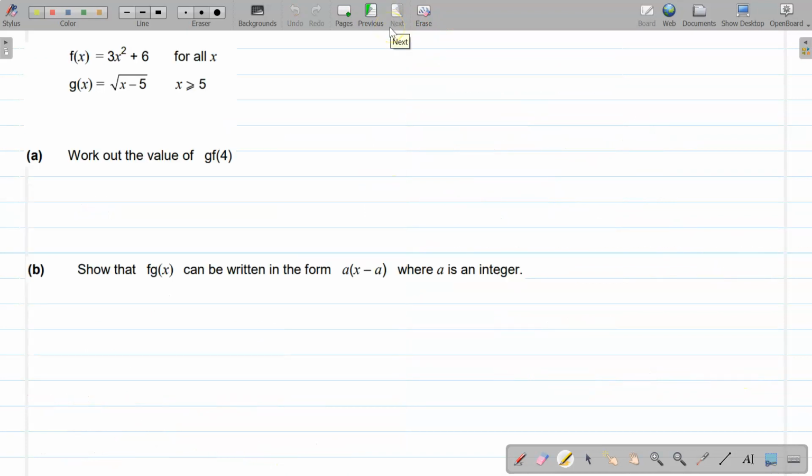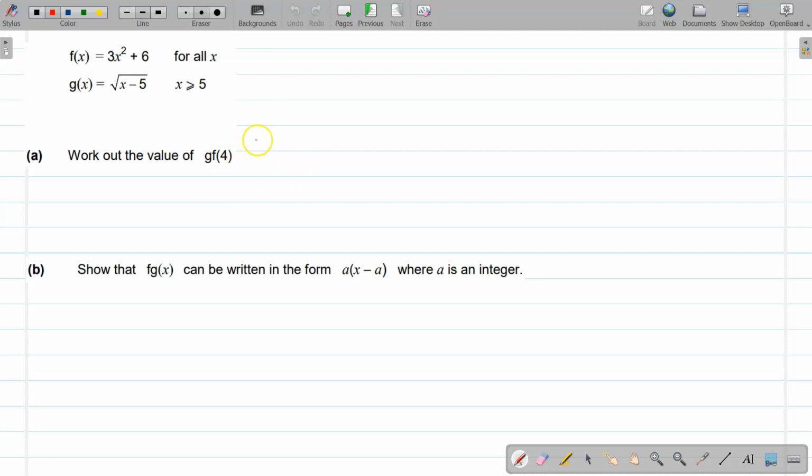This is about functions. F of x equals this function, g of x equals this one. There's a bit of boundary information. X has to be greater than or equal to 5, because if it wasn't, this wouldn't be a real number. All right. Work out the value of g of f of 4. So that means that we need to apply the function g, right?